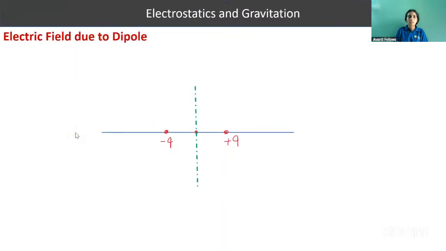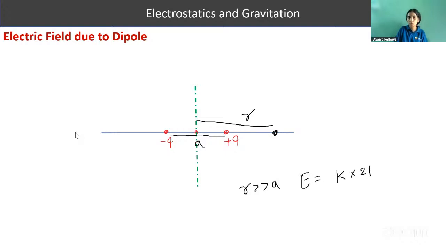Okay. Now, electric field due to a dipole, you must all have an idea, on the axis. If this distance is, let's say, a, and from here this distance is r, such that r is far greater than a, then at this point the electric field value is equal to k into 2p by r cube, right?